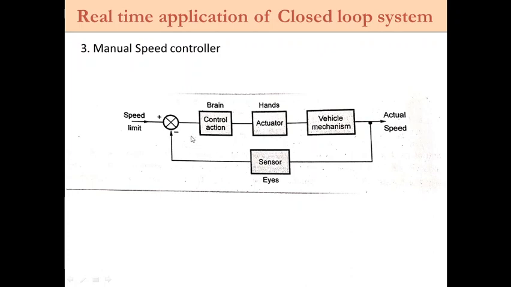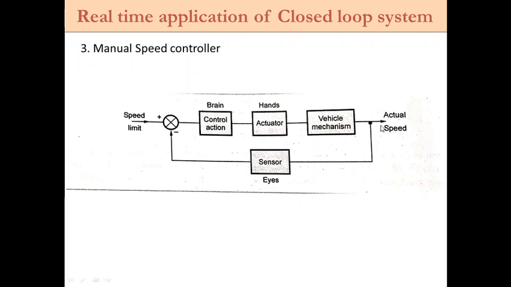So here the speed limit is set, and the sensor will sense. Here the sensors are nothing but the eyes, because the locomotive operator is there. Okay, so the signals you need to give manually, that is, the human being or the driver or the operator has to give the signal.